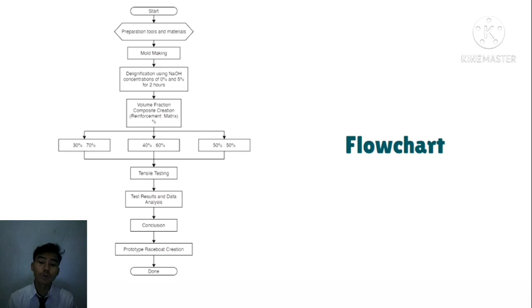Next, do the preparation of manufacture of composite with a volume fraction of 30% to 70%, 40% to 60%, and 50% to 50%.